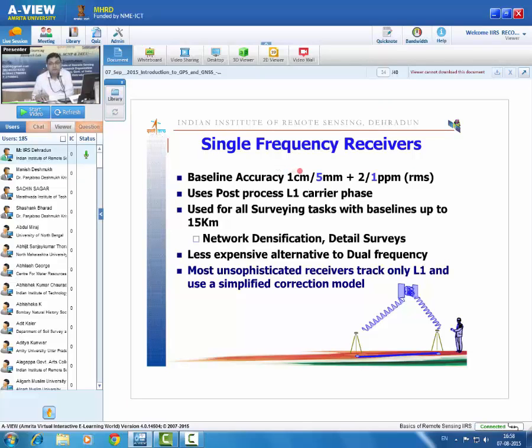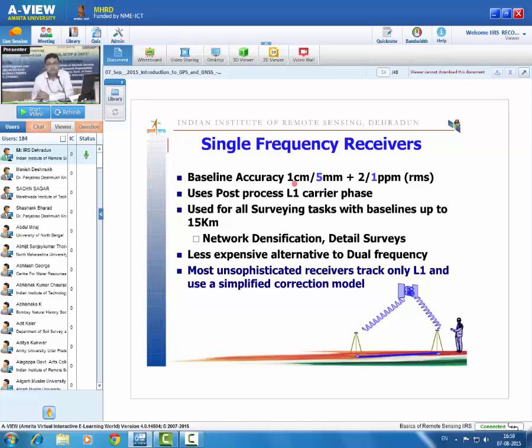Now we have single frequency receivers which can give us accuracy of the order of 1 centimeter to 5 millimeter plus 2 to 1 ppm, because the earlier receivers were giving accuracy of the order of 1 centimeter plus 2 ppm, but the latest receivers are giving accuracy of the order of 5 millimeter plus 1 ppm.